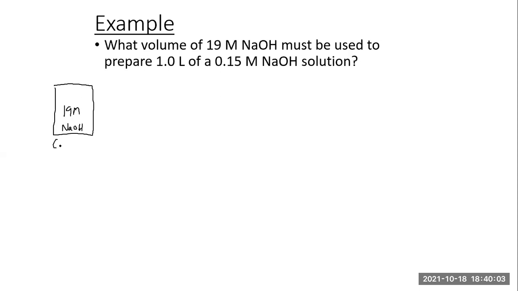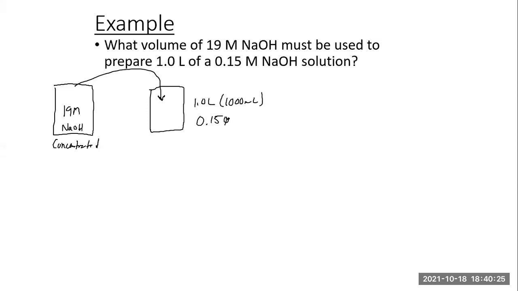What we want to do is figure out how much we should take out of this bottle and put into here so that we end up with a total volume of 1 liter, or 1,000 milliliters. And it should have a concentration of 0.15 molar.